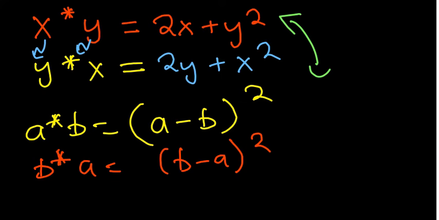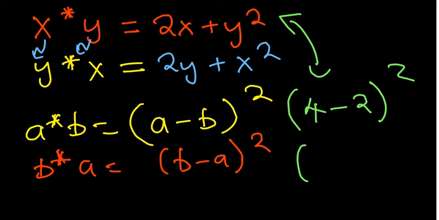Now the question that you can ask yourself is it the same or they're different? Now this is where you'd have to be very careful. So consider a case where a and b were maybe 4 minus 2 squared and then 2 minus 4 squared. Is the result the same or they're different? They are basically the same, right?